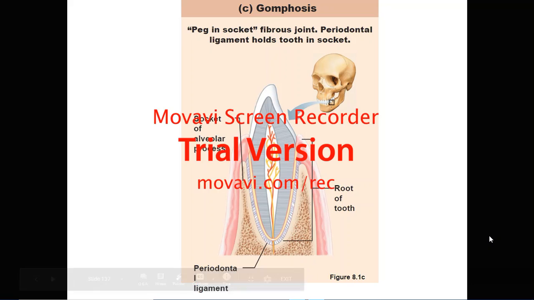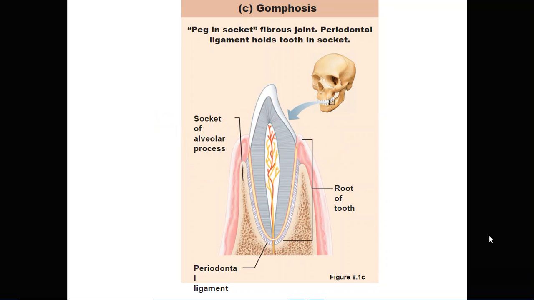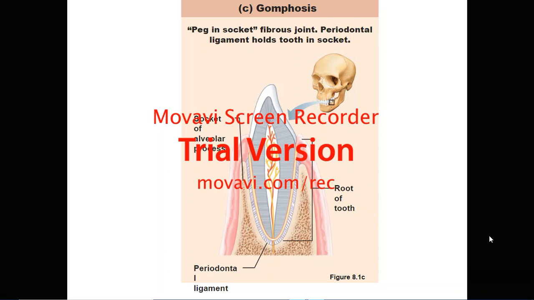The last example of a fibrous joint is gomphosis, and that is a peg and socket fibrous joint. And the only example is the articulation of a tooth with its bony alveolar socket. And essentially, the term gomphosis comes from a Greek term gomphos, meaning nail or bolt.